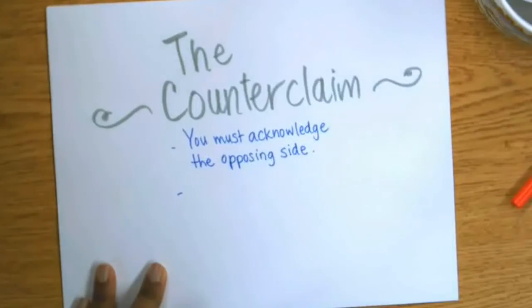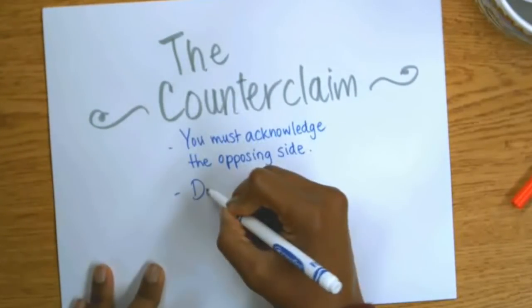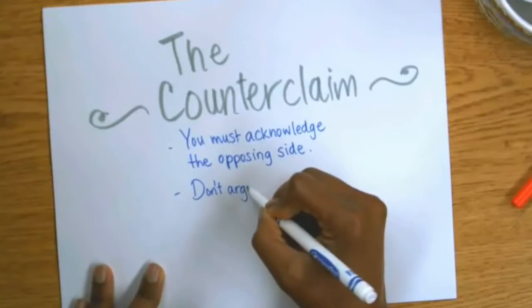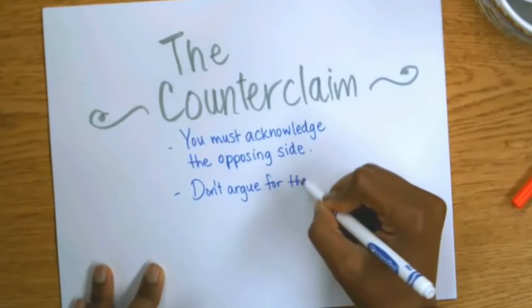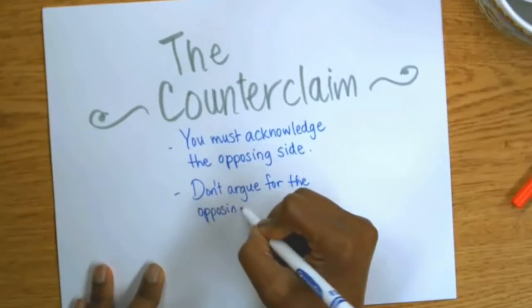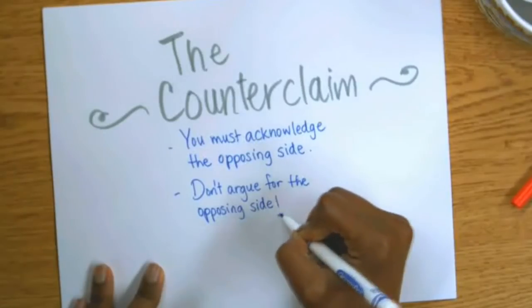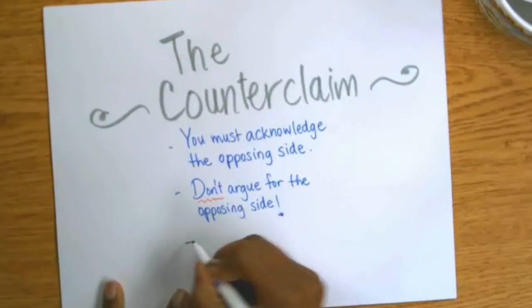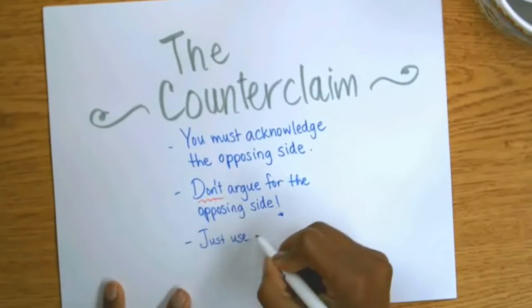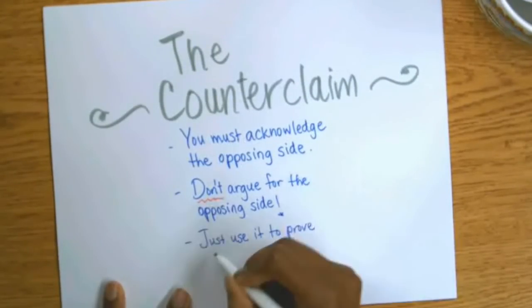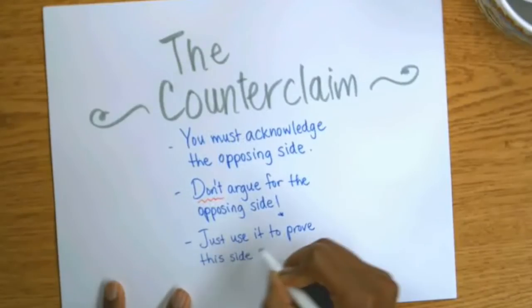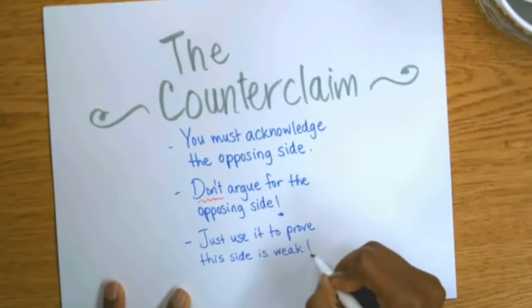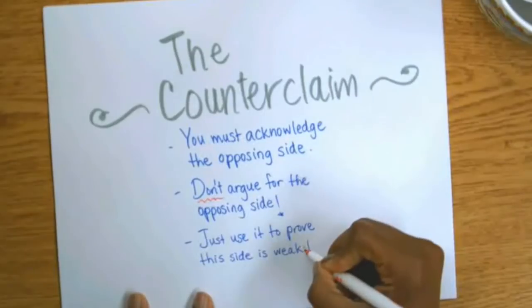But don't slip into arguing for the yes side. That would be a mistake. That would weaken your argument. You only bring up the opposing side just to prove that your side is better. You're bringing up the opposing side just to say, yeah, I know it's there. I know there's another opinion, but it's weaker than mine. So you just bring it up to smack it down.